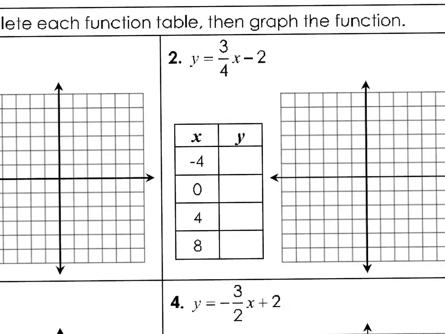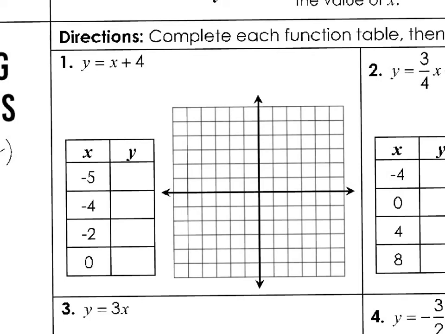All right, so let's do that. Let's look at number 1. Now they've already given us some x values, okay? So what we're going to do is we're trying to find y, right? So we're going to substitute -5 for x and plug it in. So that gives -1 equals y. Okay.